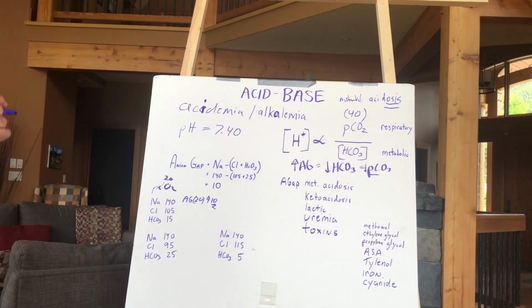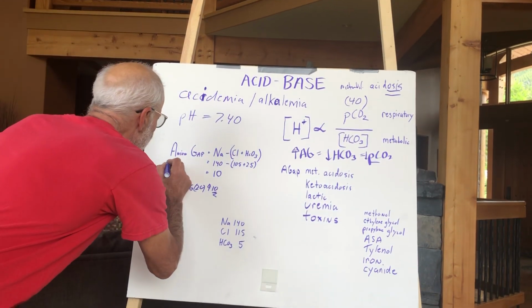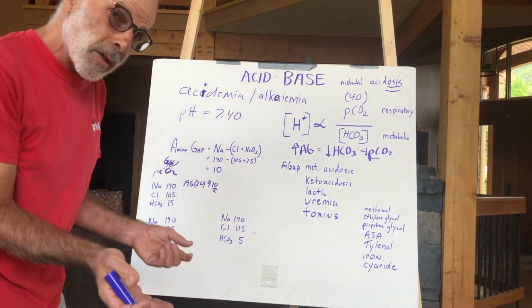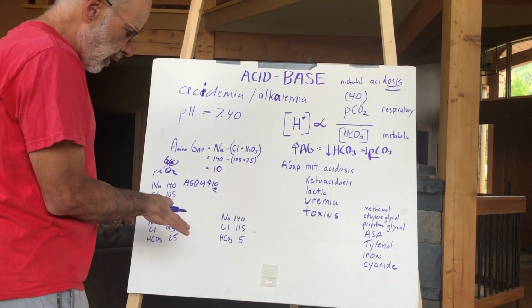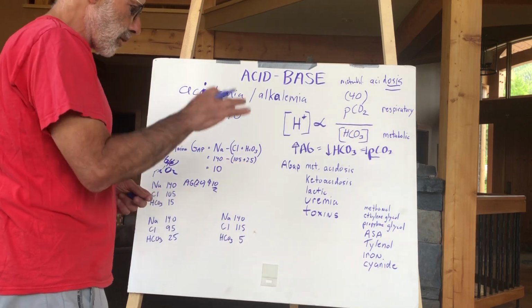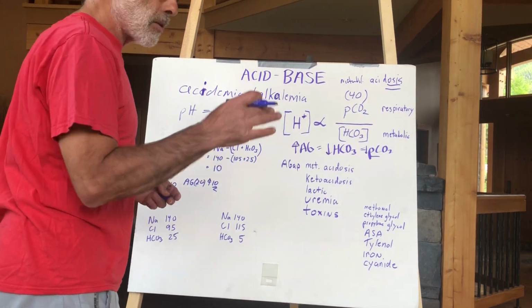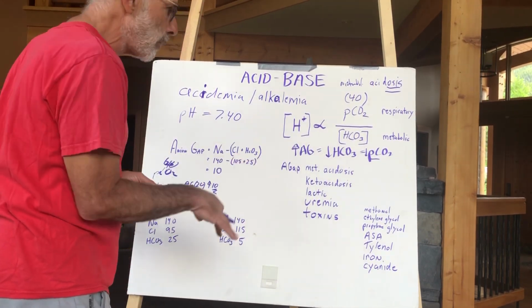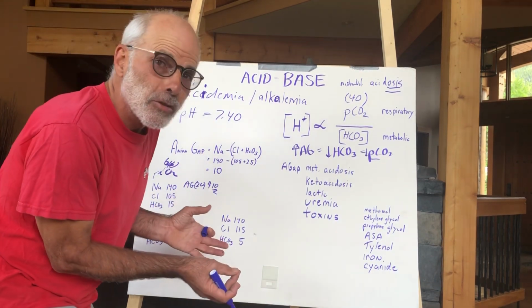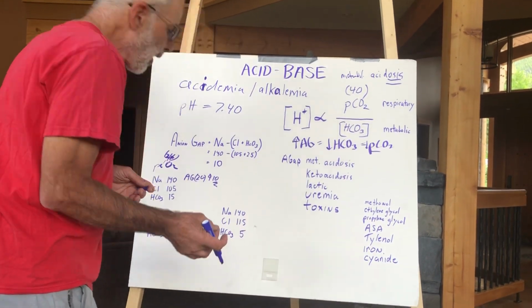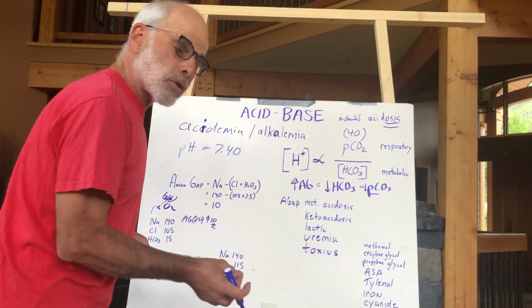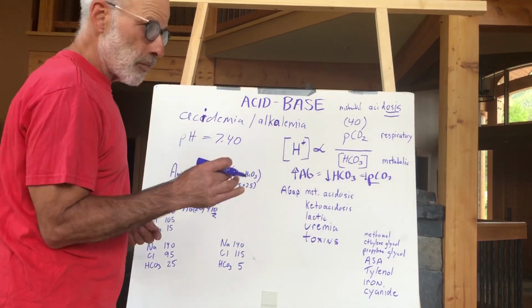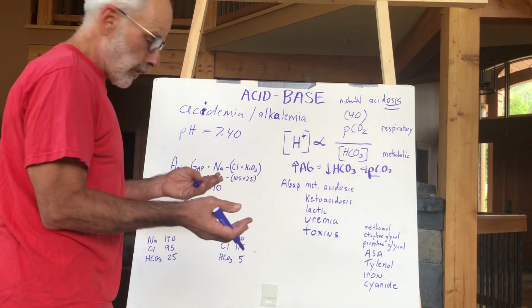In the same patient, if the PCO2 was 40, which normally is a normal PCO2, we would expect in this patient, because they have an acidemia, for the PCO2 to drop to compensate, but it hasn't dropped. If it hasn't dropped, that means you've diagnosed in this case a respiratory acidosis, because the patient should be hyperventilating their PCO2 down and they're not.